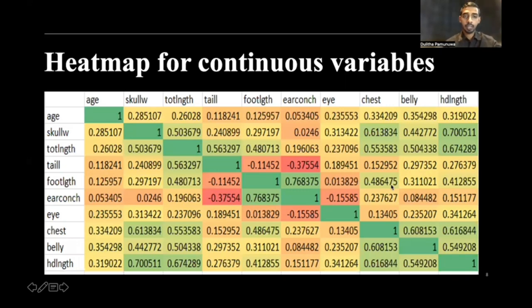And when it comes to the heat map for continuous variables, I'll first explain what a heat map is. A heat map was constructed to identify the nature and the strength of the relationship between quantitative variables and the response variable, and also to check the effects of multicollinearity within the predictor variables.